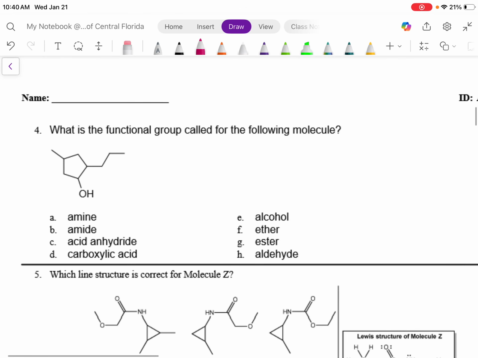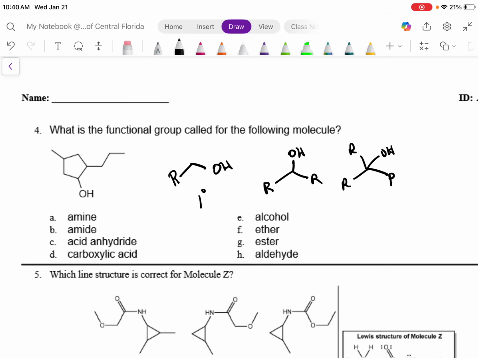Okay, right here, what's a general structure of an alcohol? We could look at it like this. That would be a primary alcohol. Or we could have a generic structure of a secondary alcohol, or we could have a generic structure of a tertiary alcohol.